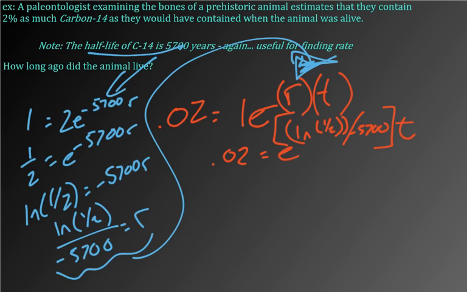Here, if we wanted to solve for T, we should take natural log of both sides. And if we take natural log of both sides, then you can cancel off the E on the right.